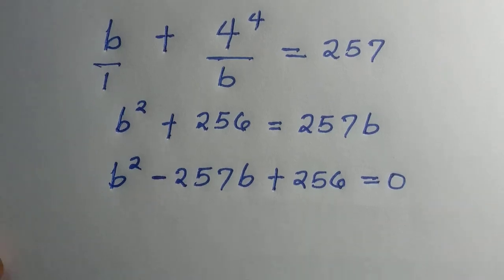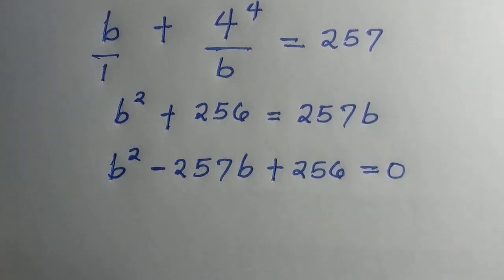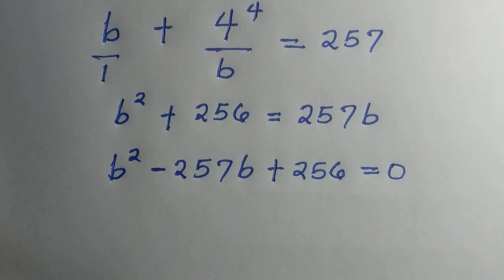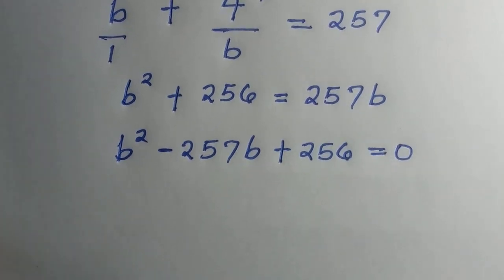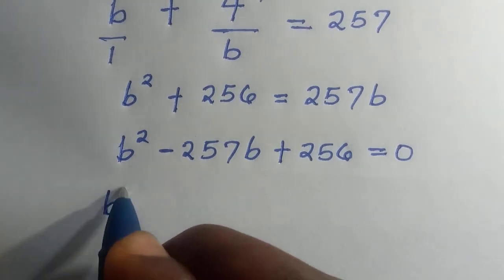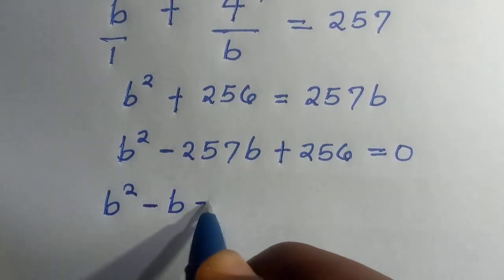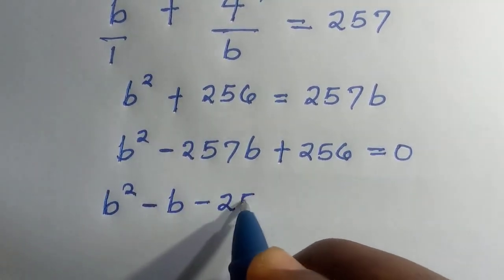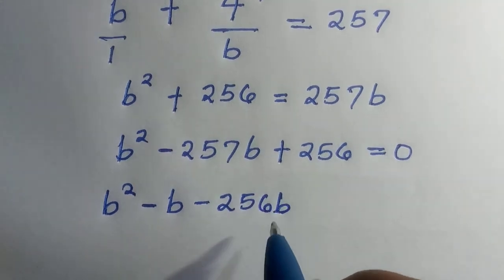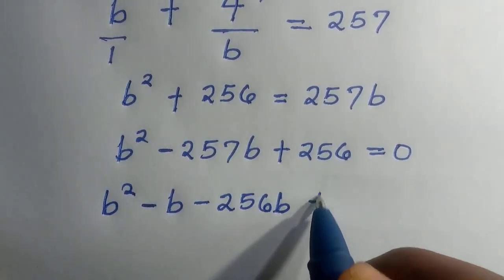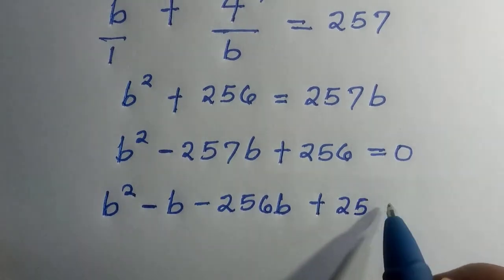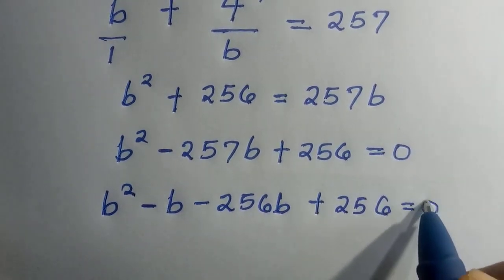We arrived at a quadratic equation, as we can apply factorization methods to solve this, where we have the numbers as b squared minus b minus 256b plus 256 equals 0.